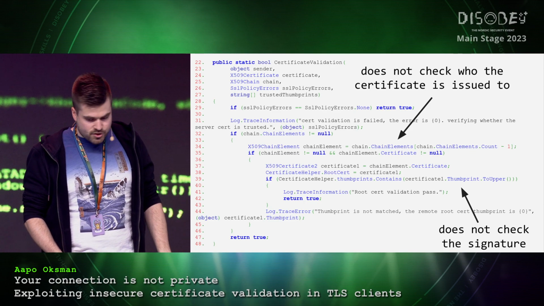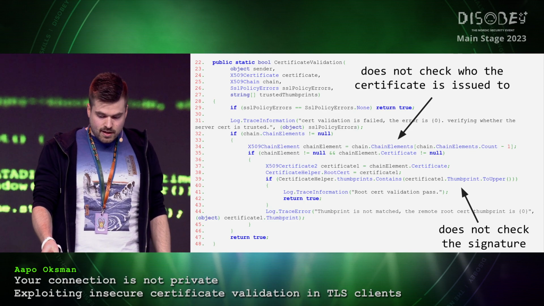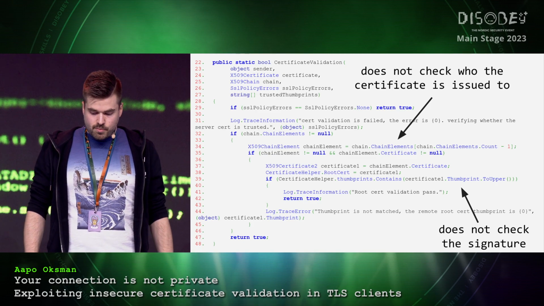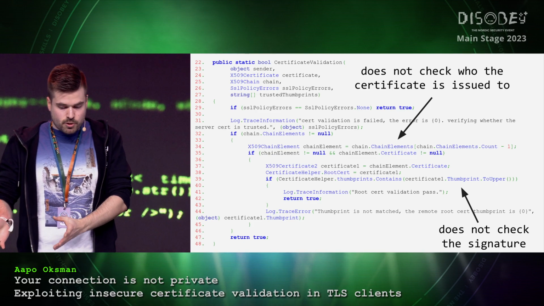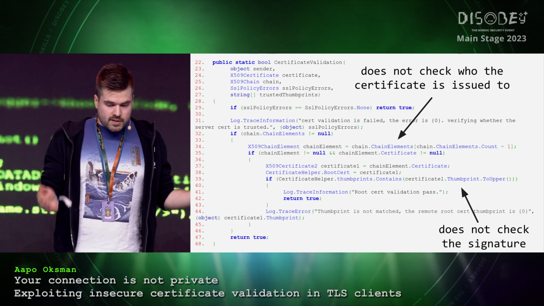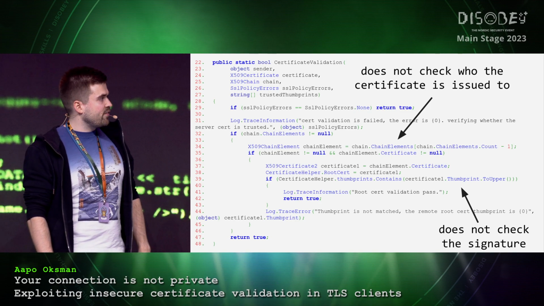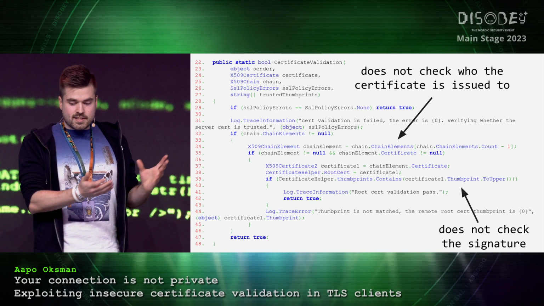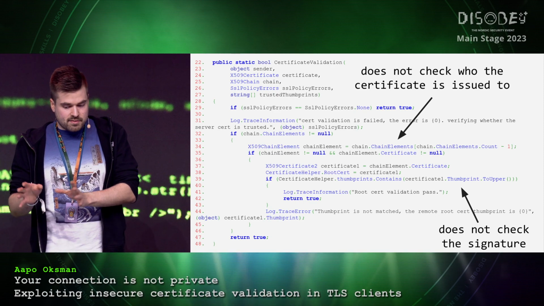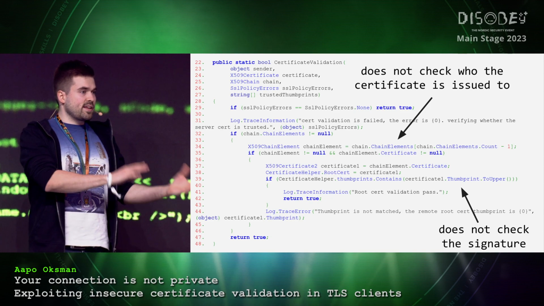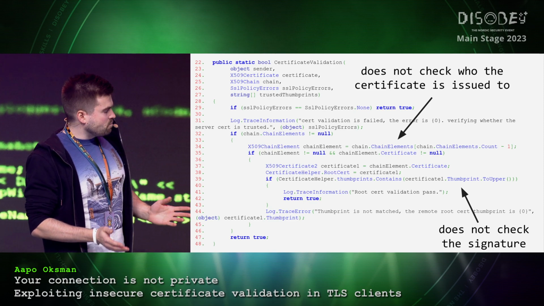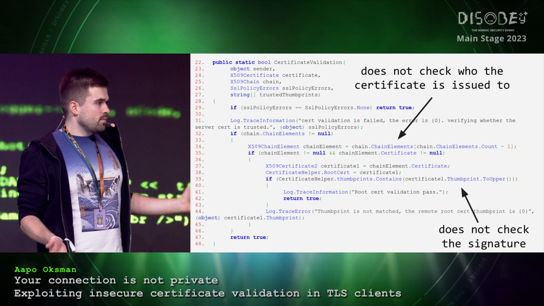So it checks that there is a certificate and there is a text in the certificate that says, hey, this is issued by this kind of trusted certificate authority. So the certificate has to say that it's coming from this party, but this code does not check if it's actually coming from there.